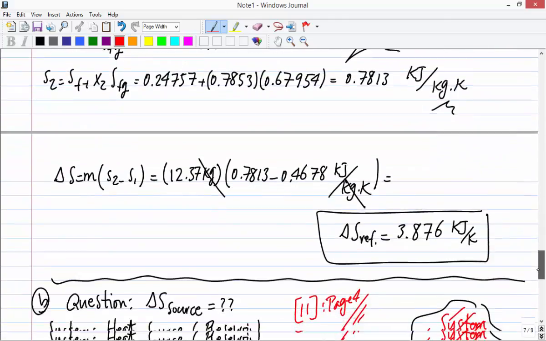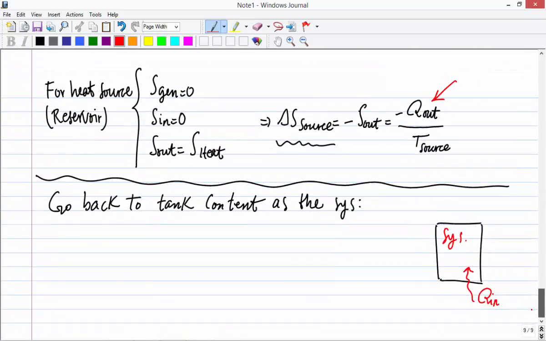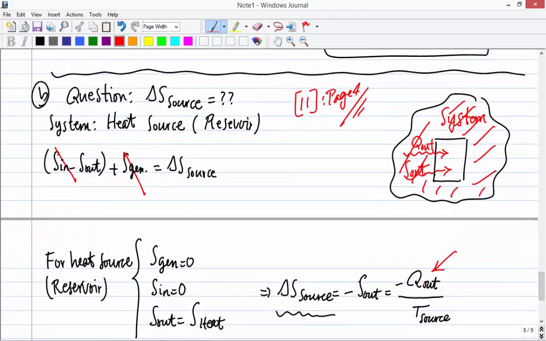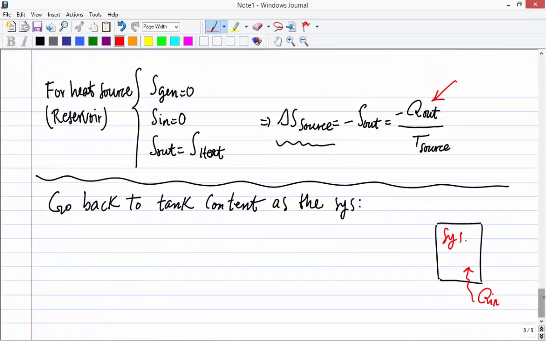By use of the first law, I can solve for the heat, how much heat went into my system, and that is exactly the same amount leaving the surrounding. The absolute values are the same.